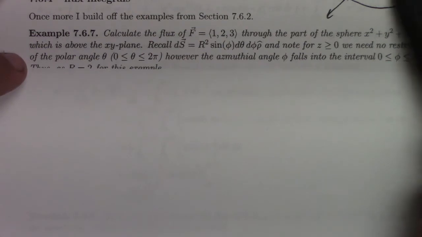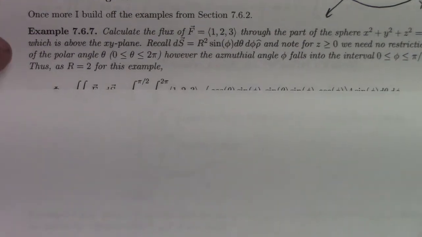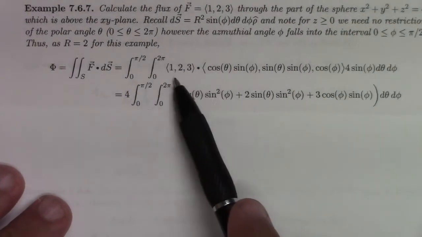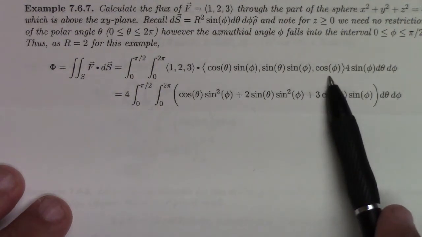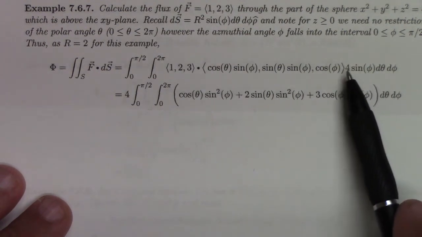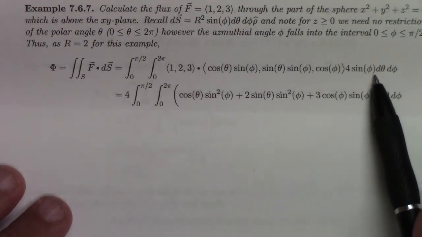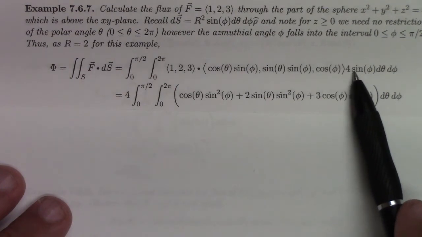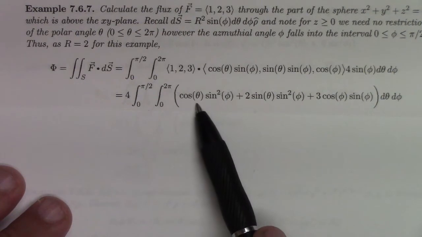We start at 0 up here, swing down to pi over 2 on the xy plane. r equals 2 here. And so here it is. We are integrating 1, 2, 3 dotted with my normal vector for the spherical parameterization, and then 4, which is r squared. Well, it's r squared, actually. 2 squared is 4. And so I take that dot product, and I get this stuff here.